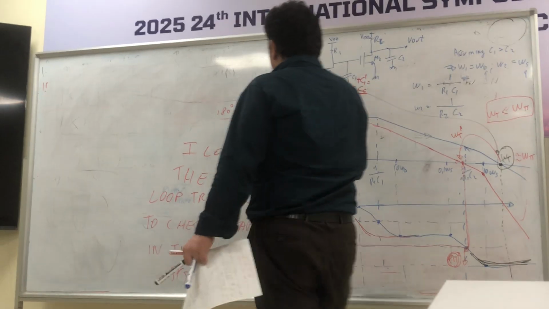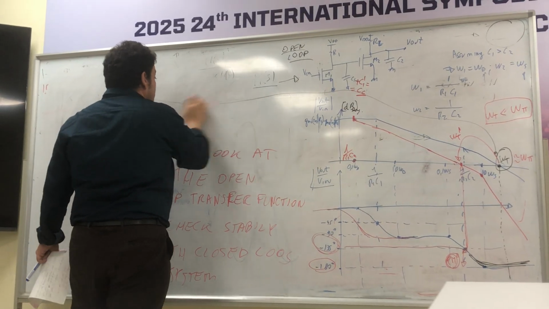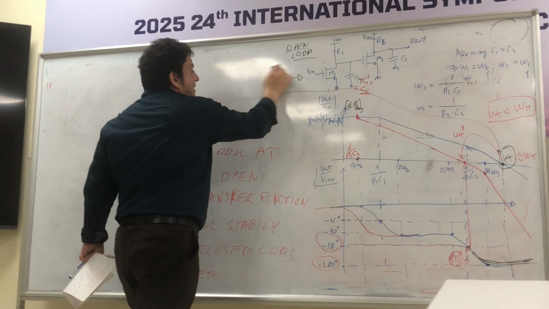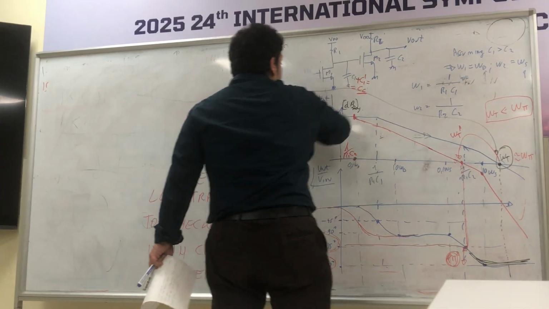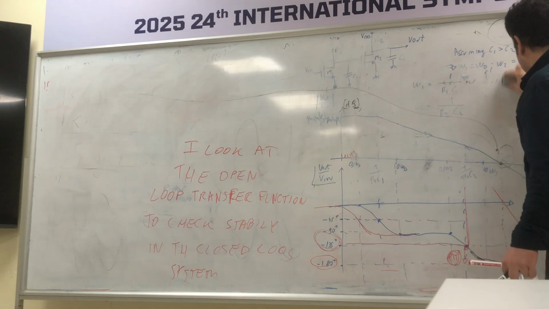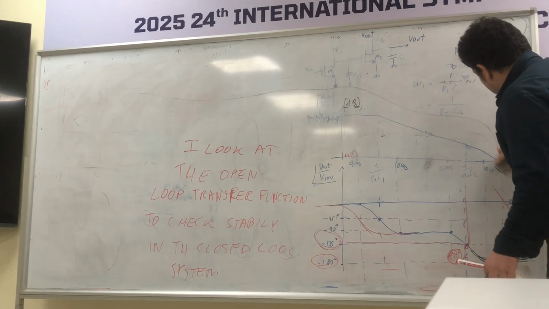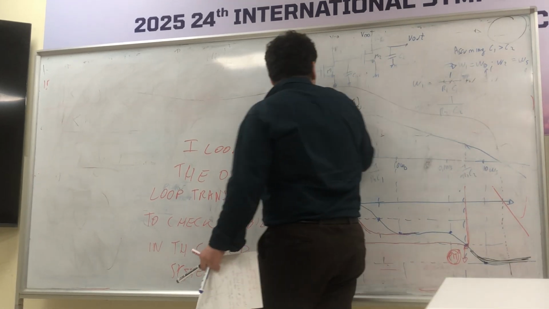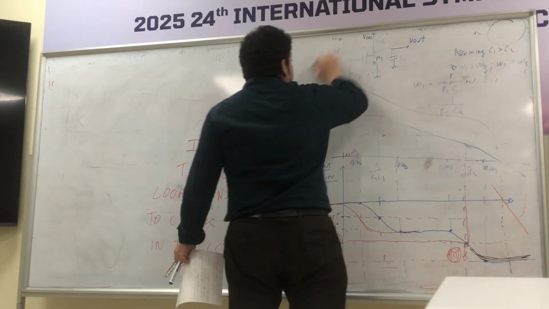These concepts need to be fixed and repeated in your mind several times because they are easily flying away. Actually, we study open loop transfer function just to deal with the stability in the closed loop.